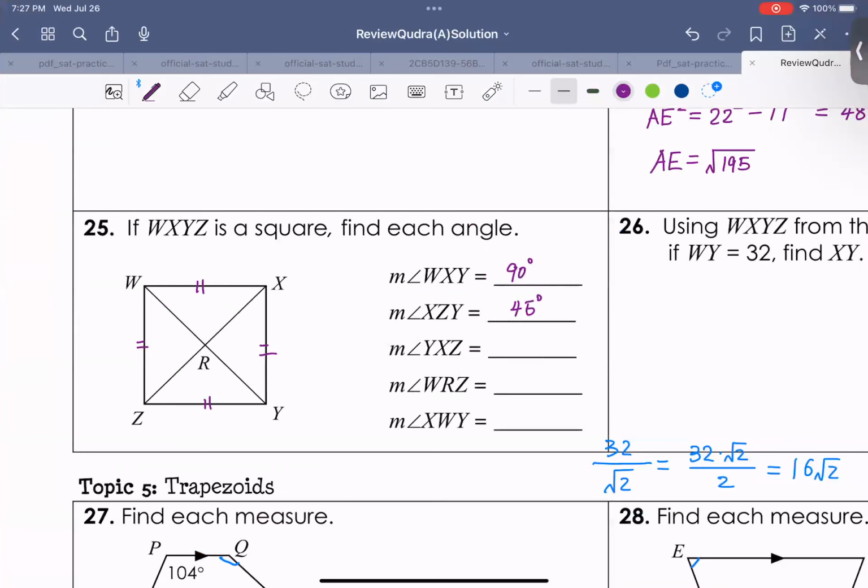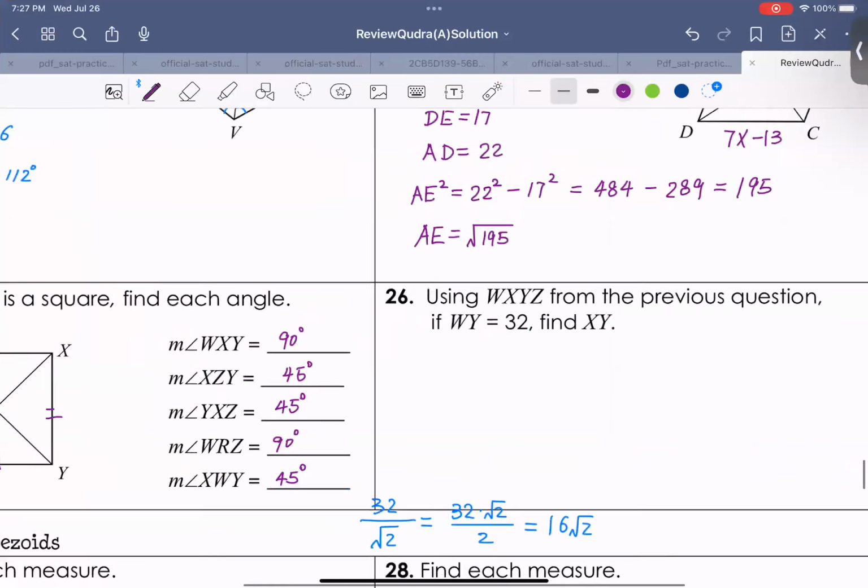YXZ will be how much? 45 degrees, yes. And then next, WRZ is 90 degrees. Good. Last one, XWY will be 45 degrees. Good.